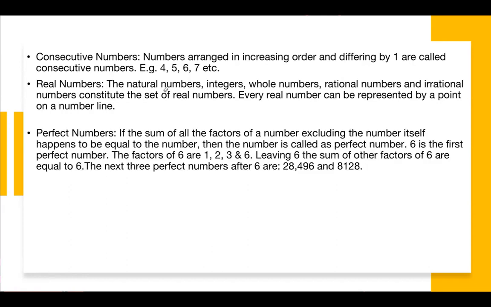Perfect numbers. Let us see what perfect numbers are. If the sum of all the factors of a number, excluding the number itself, happens to be equal to the number, then the number is called a perfect number. For example, I have taken the number 6. Its factors are 1, 2, 3, and 6.